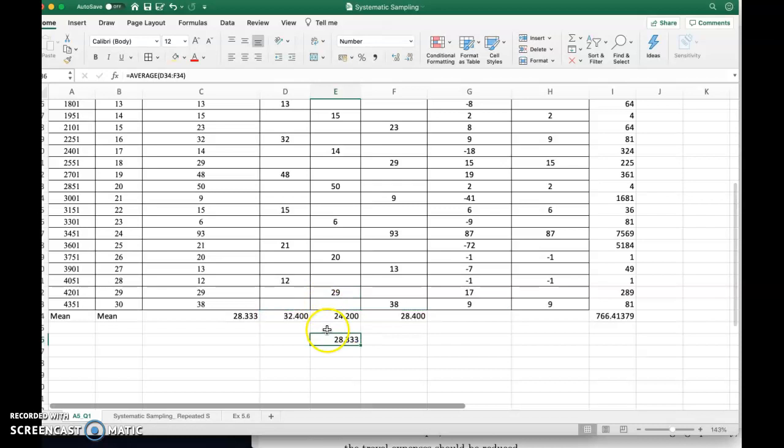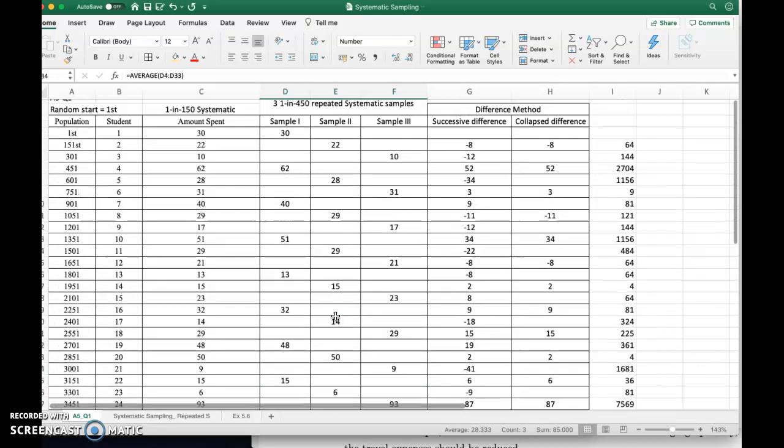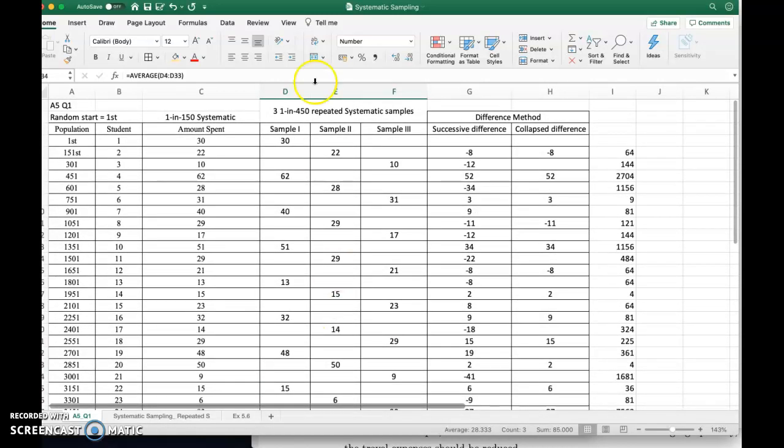And I'm saying this is the y-bar, which is essentially the same as what we collected from the one systematic sample. They are the same. And with the 3 y-bars, now I would have a distribution of the means, and I can actually estimate the variance of y-bar using repeated systematic samples.